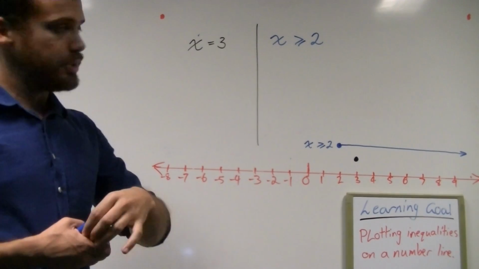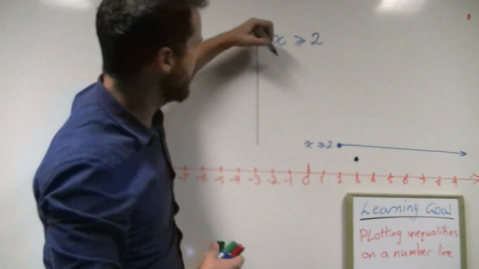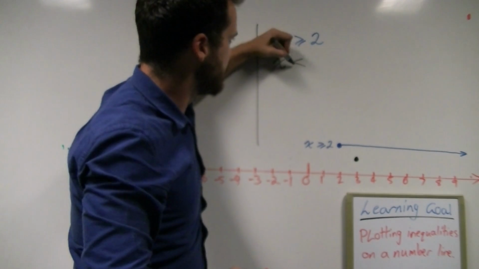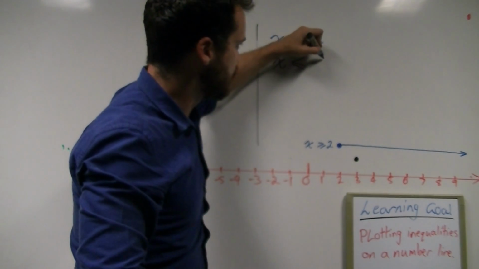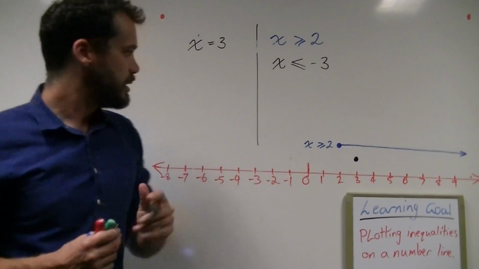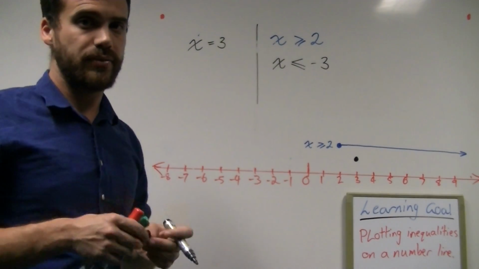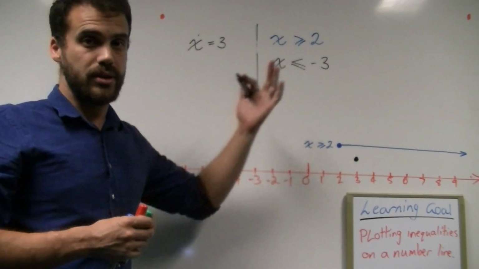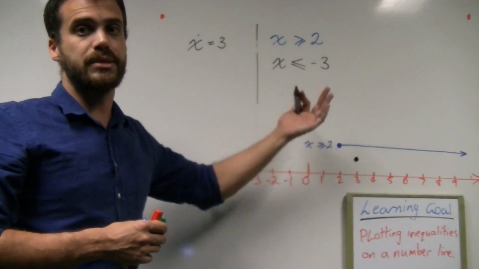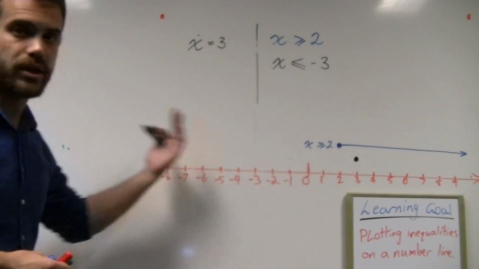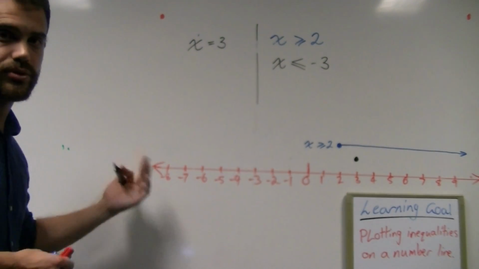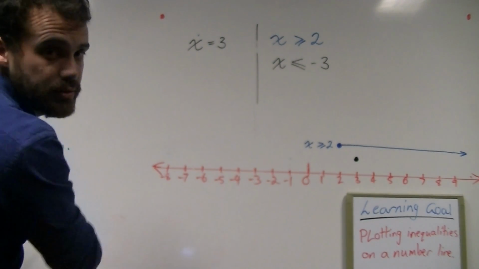Let's do another inequality. This time I'll do x is less than or equal to -3. Okay, so to do x is less than or equal to -3, that means x is -3, but it's also all of the numbers less than -3. So it's -4, -5, -6.23, etc., -1 million, -10 million.